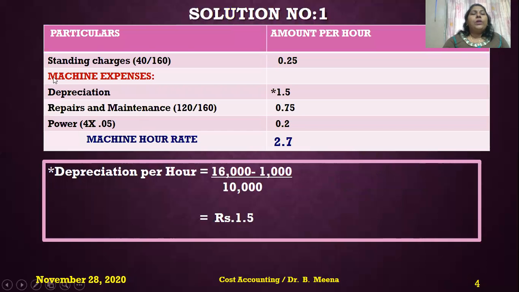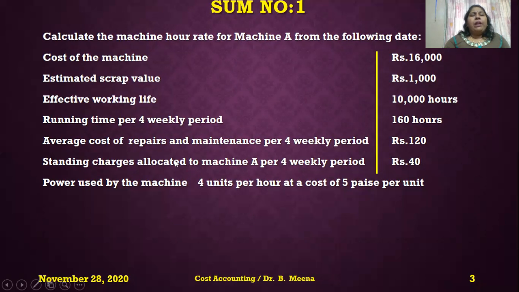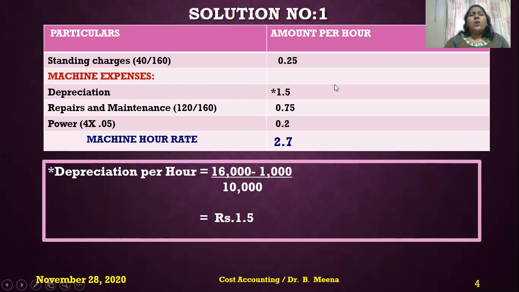Then I will move on to the next expenses, machine expenses. Under machine expenses, I will transfer the depreciation per hour, which I calculated in the working notes, 1.5. Then what is the next information available? Repairs and maintenance is also given for the 4 weekly period, that is 120. So 120 divided by 160.